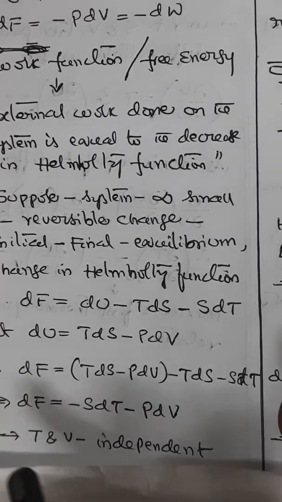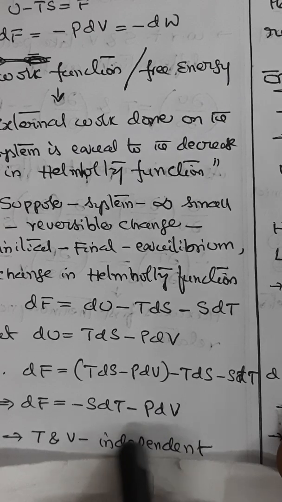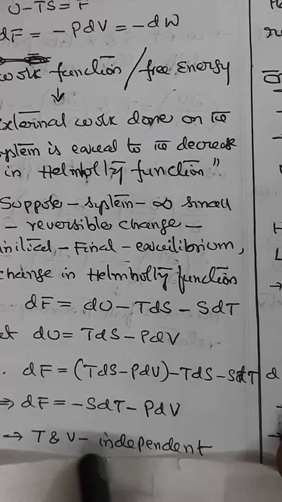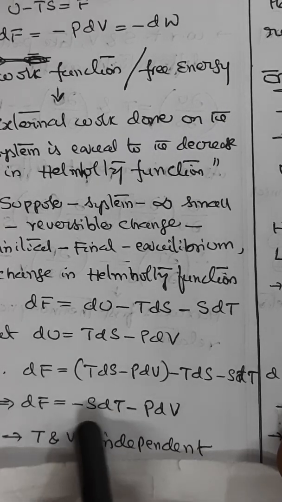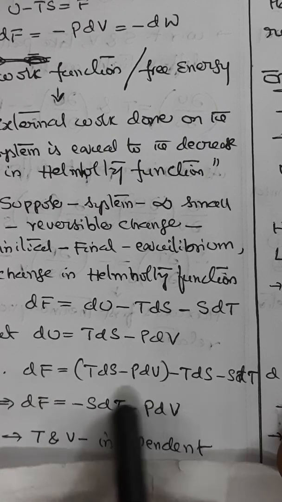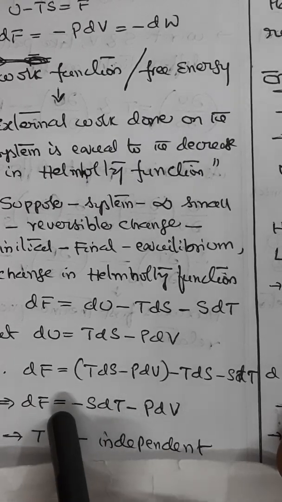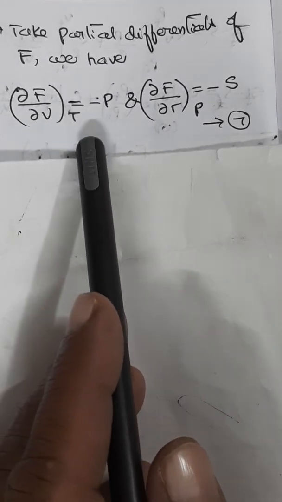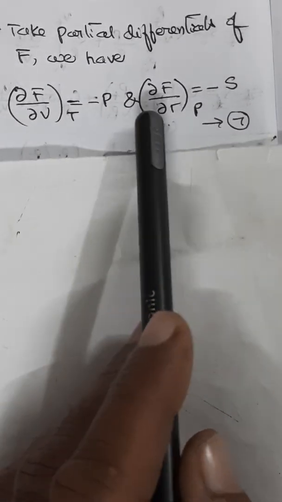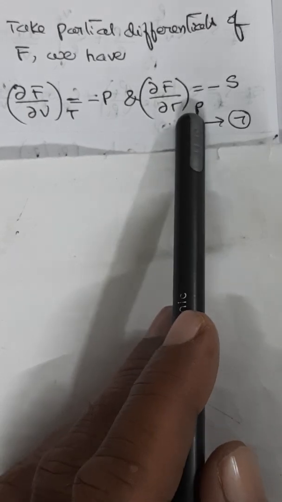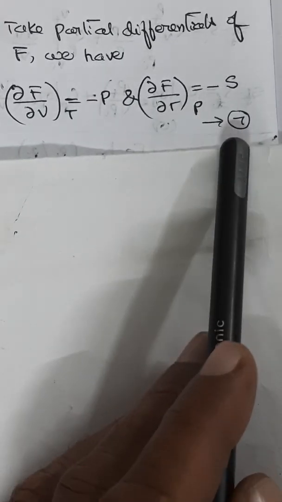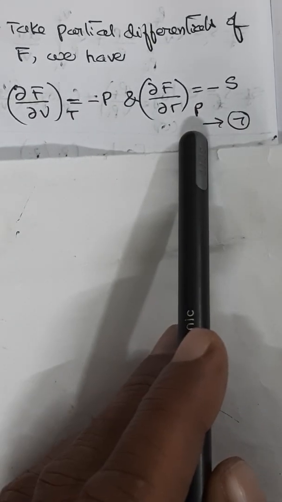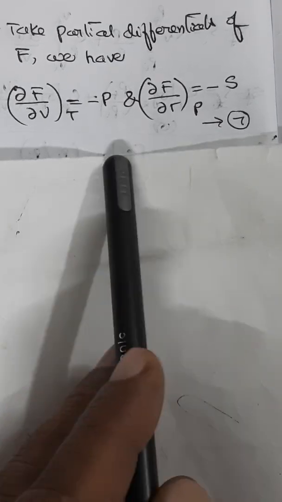Here, T and V are independent variables. So by taking the partial differentials of F, we have (∂F/∂V)_T equal to minus P and (∂F/∂T)_V equal to minus S. Let it be equation 7. But dF is a perfect differential.